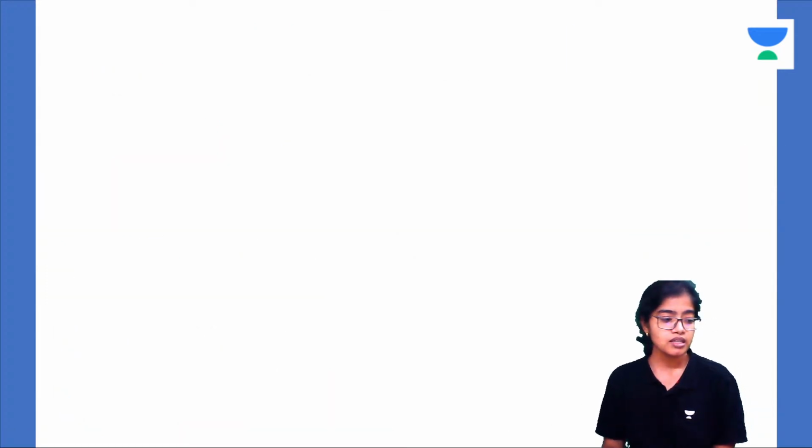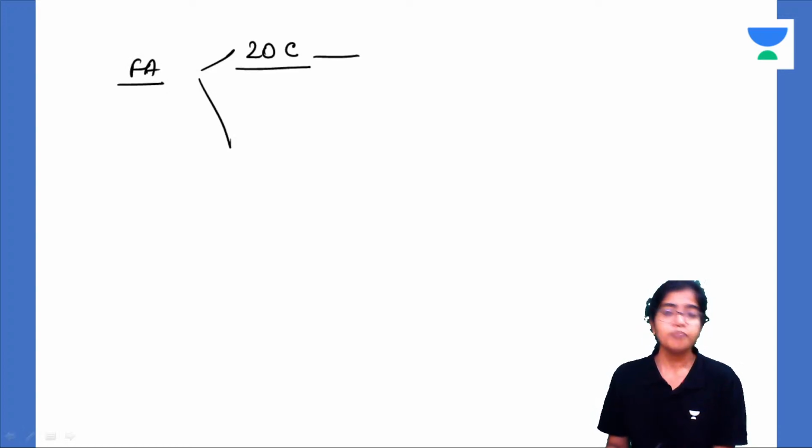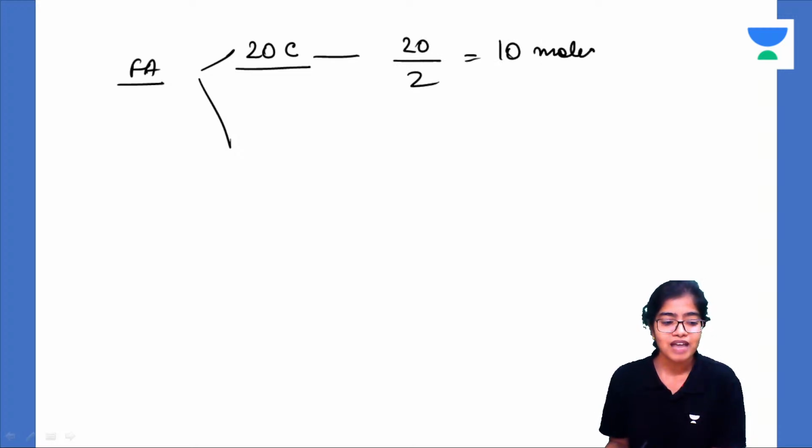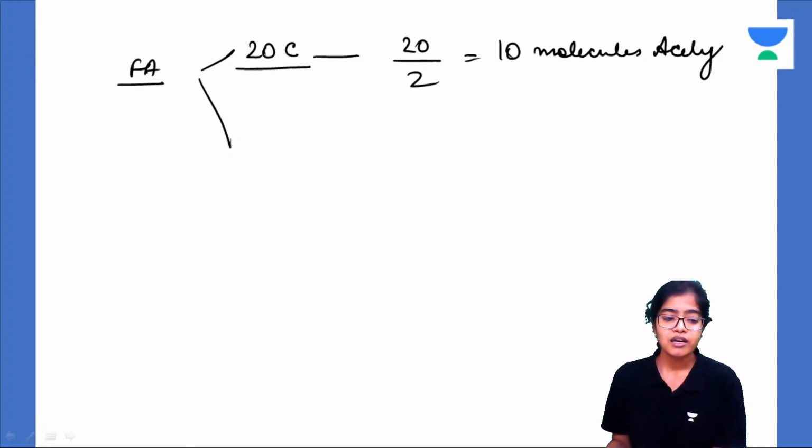That means, suppose there is a fatty acid containing 20 carbon atoms. So on complete beta oxidation, it will produce 20 divided by 2 is equal to 10 molecules of acetyl-CoA. So one fatty acid chain, on complete beta oxidation, produces acetyl-CoA.